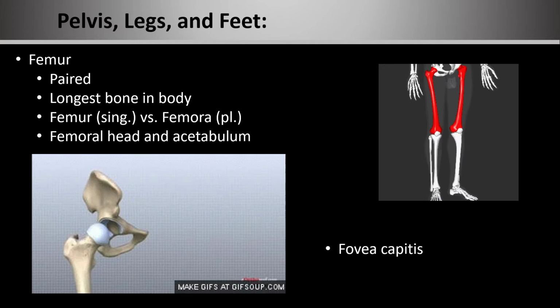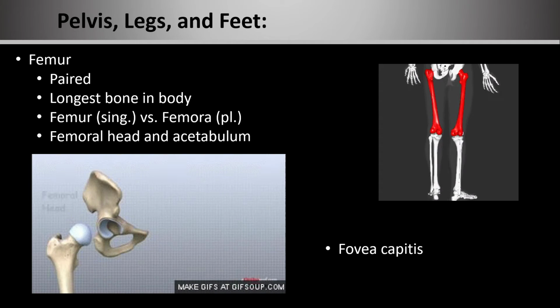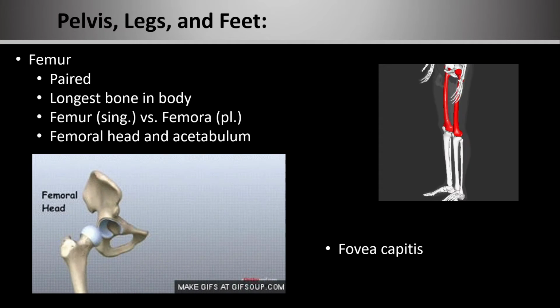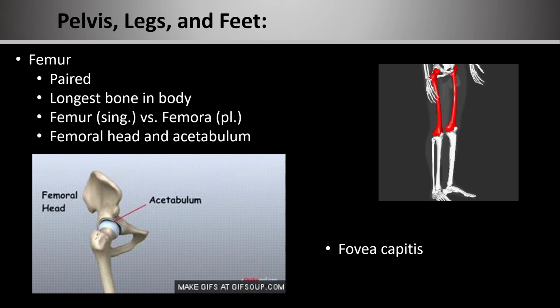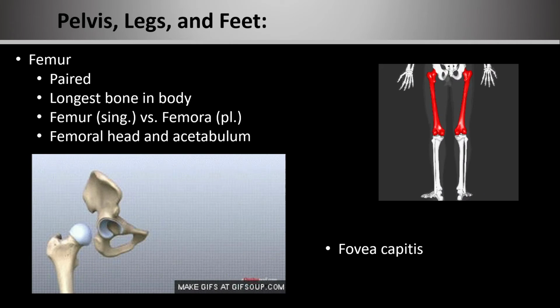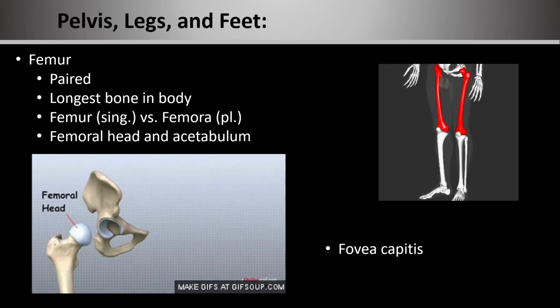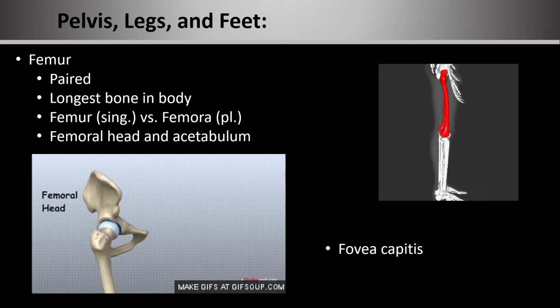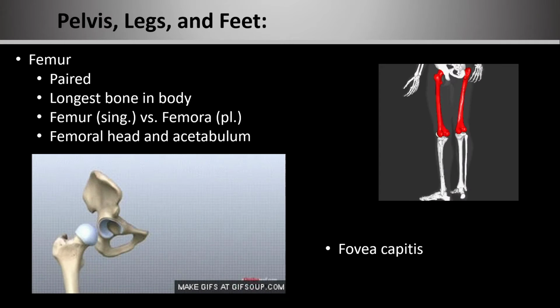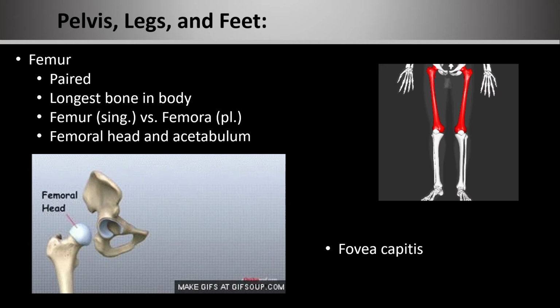The first is the femoral head. The femoral head articulates with a feature called the acetabulum. The acetabulum is the socket on the innominate. So that's another feature you're going to need to know. The head of the femur has a distinct feature called the fovea capitis.